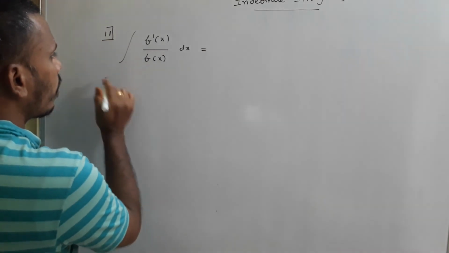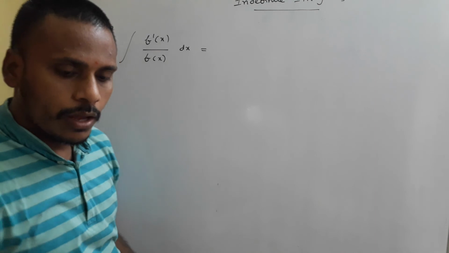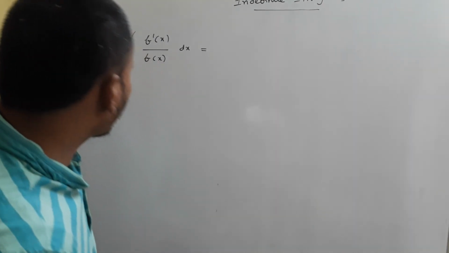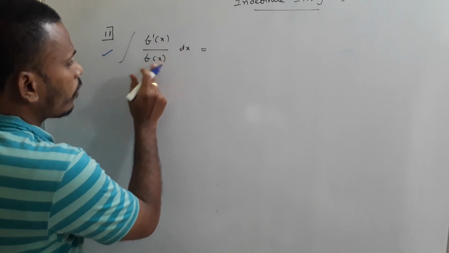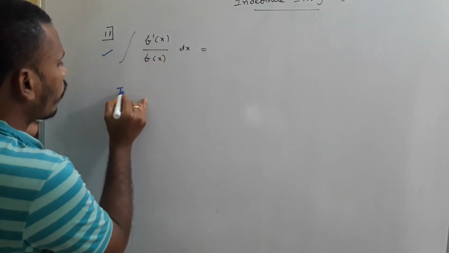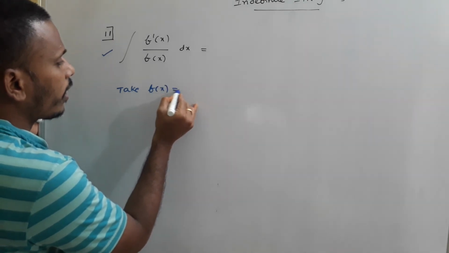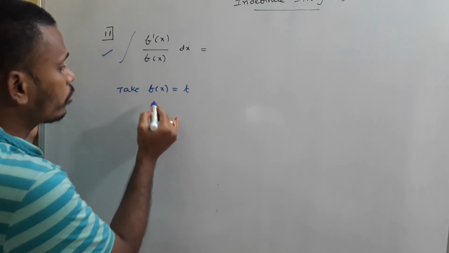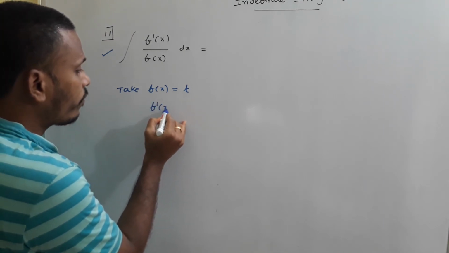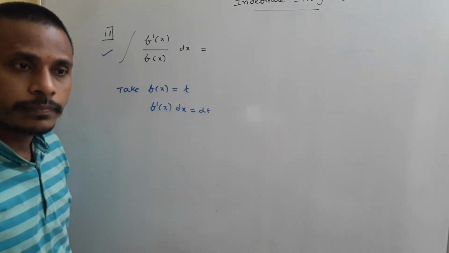I will list them one by one. First of all, what do you say about the integral of f dash x by f of x dx? As we discussed in the last class, f dash x dx is involved, f of x is involved. You just take f of x equals t. If you differentiate on both sides, we have f dash of x dx equals dt.